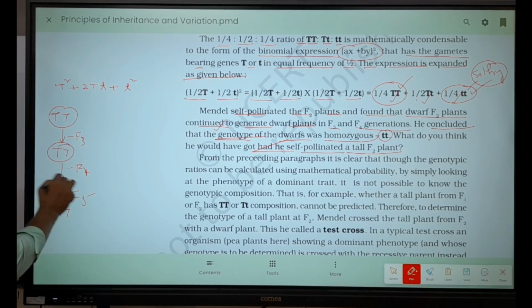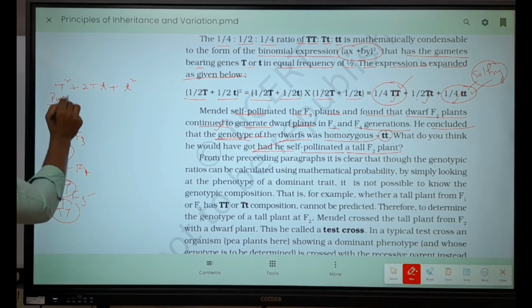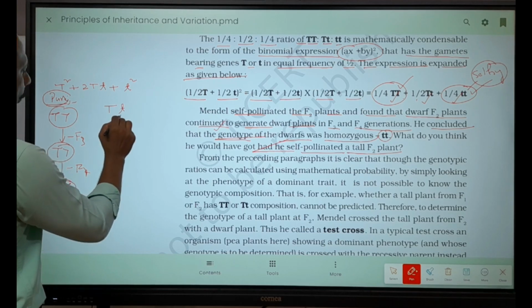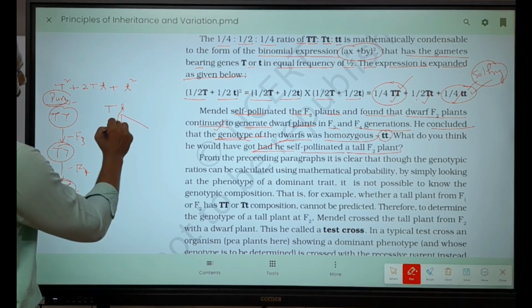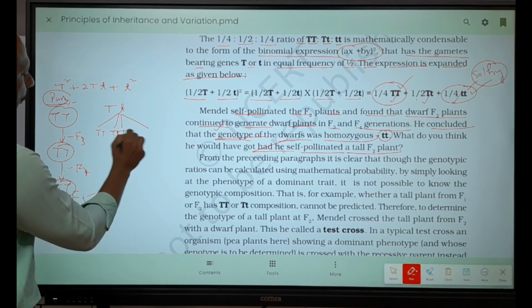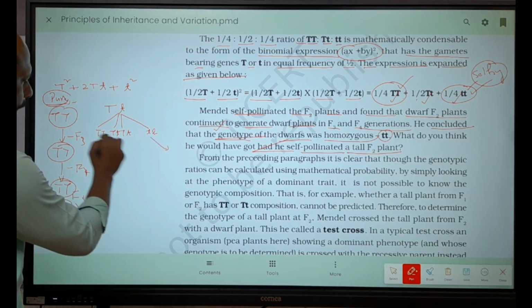Every time he gets only capital T, because it contains pure breed. That means he understood this specific one is pure breed. But when he uses capital T small t, right? Now he gets once more capital T capital T, capital T small t, and small t small t. This one is pure, this one is pure.